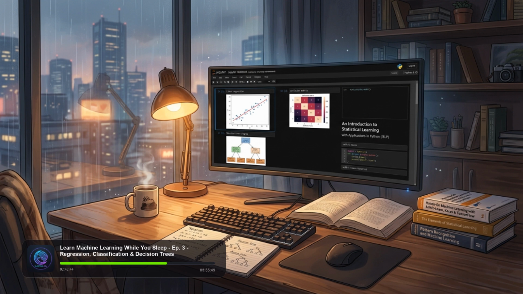Permutation feature importance measures the exact drop in model performance caused by corrupting a feature, providing an accurate, unbiased ranking of real-world feature impact. For applications requiring ultra-fast training speeds or even greater variance reduction, engineers turn to extremely randomized trees, commonly known as extra trees.